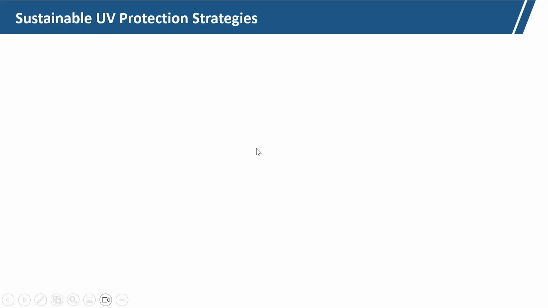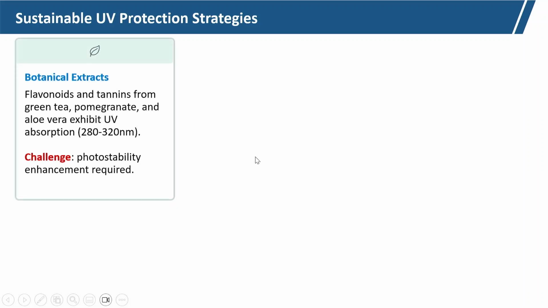Now, there are sustainable UV protection strategies. We can get the UV protective chemicals from botanical extracts, which contain flavonoids and tannins, mainly from, say, green tea, pomegranate, aloe vera, which exhibit UV absorption within the range of 280 to 320 nanometer.